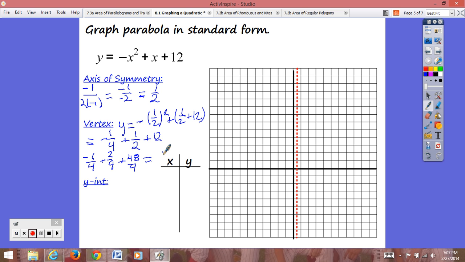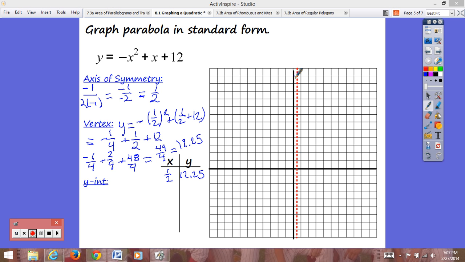That's going to come out to be 49 over 4, which is equal to 12.25. So our vertex is going to be located at 1/2 and 12.25. Go ahead and plot that. So 1, 2, 3, 4, 5, 6, 7, 8. Plot that right here, right above 12.